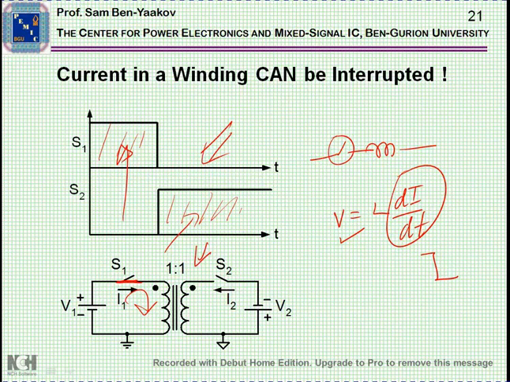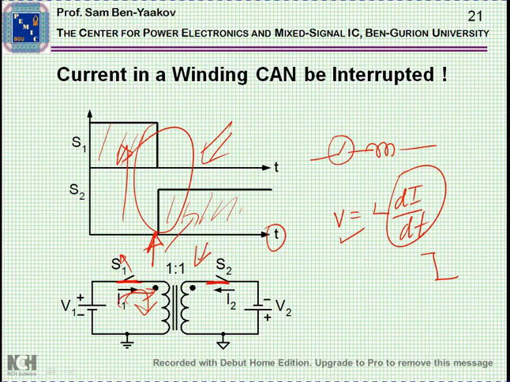Now current is going in, building up a magnetic field, and then at this point in time, S1 is opened and immediately S2 is closed, shown here.